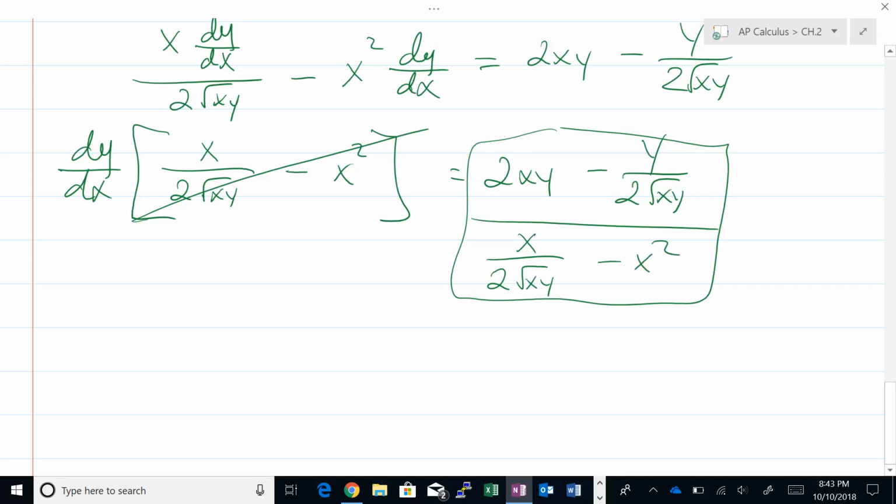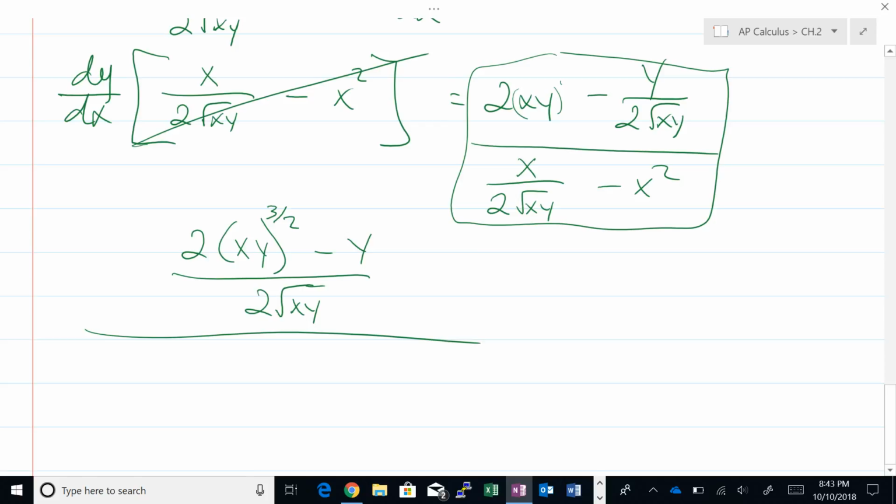Let me do that real quick. So this would be to the 1, and that's to the 1/2. Remember that trick where we cross multiply. When you multiply, you add the powers. So that's going to be 2 times xy, and what's 1 plus 1/2? 3/2, minus y, all over 2 times the square root of xy.